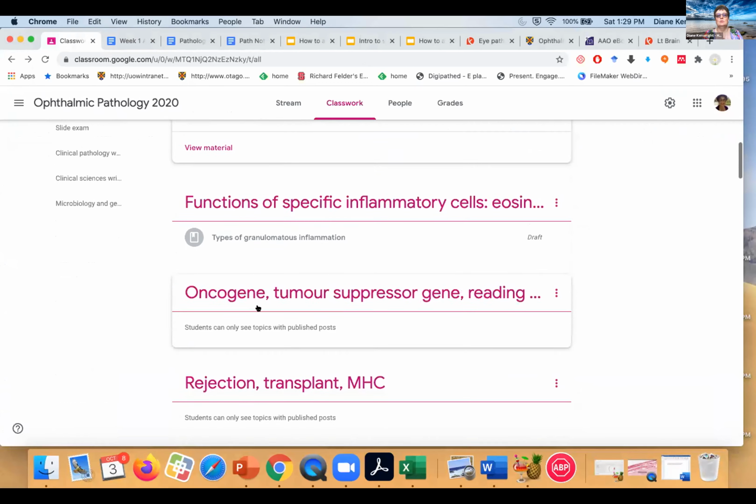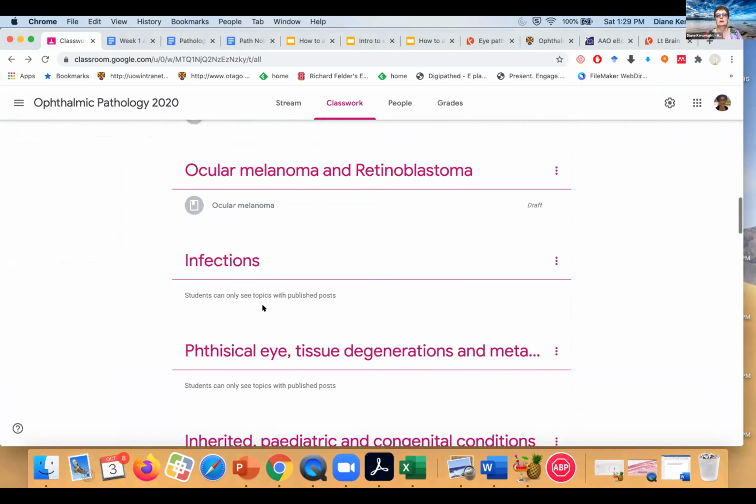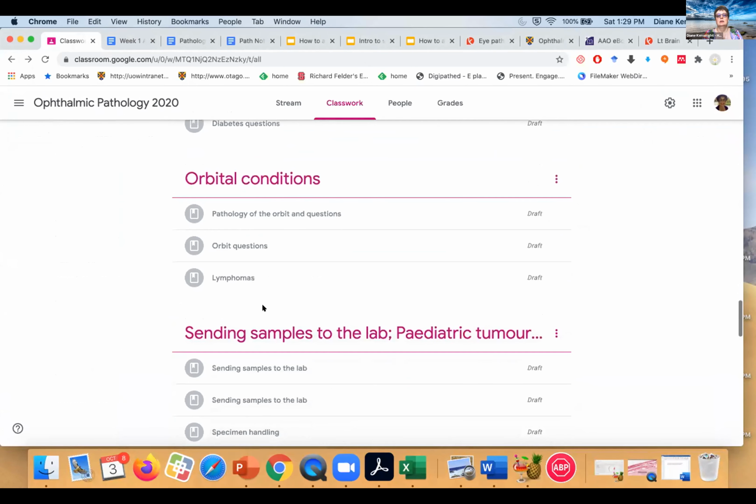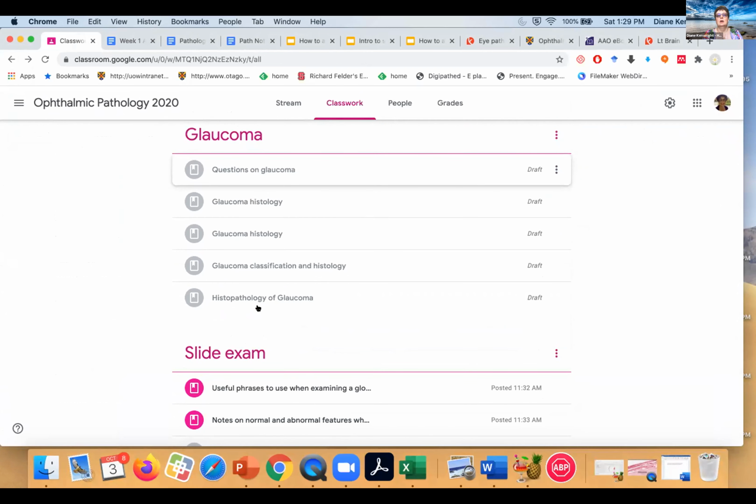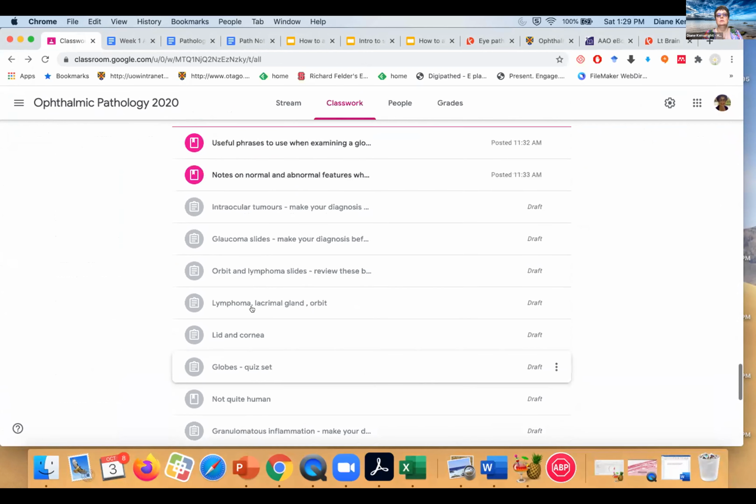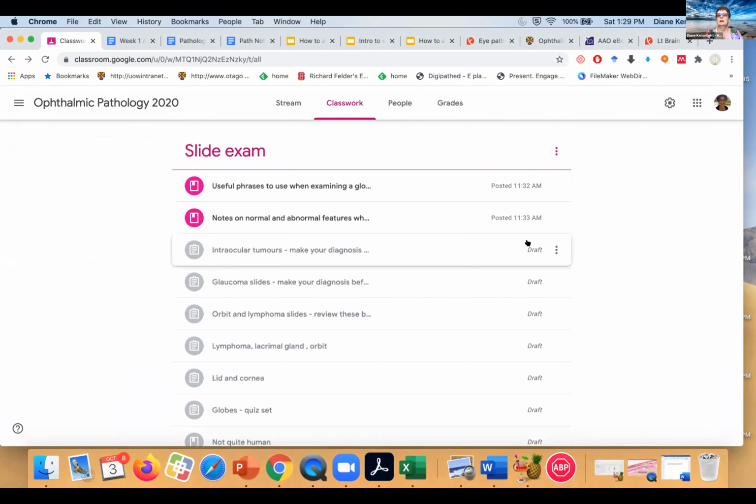Right, so next week, we are going to look at intraocular tumours, glaucoma, orbit and lymphoma, lacrimal gland. Those are the topics that we're going to do next week.